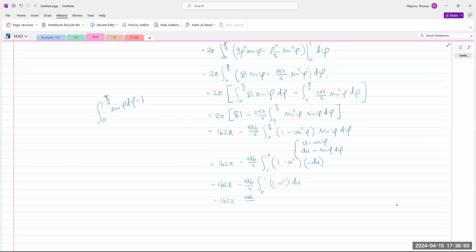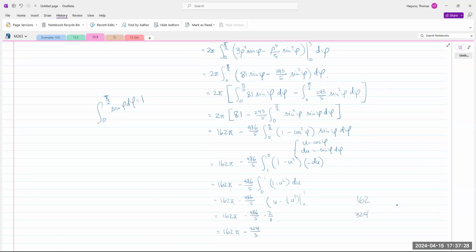This is all computation. I'm kind of lazy to do this, honestly. So this is u minus 1/3 u cubed from 0 to 1. That's 2/3. Then 162 times 2 is 324 over 5.